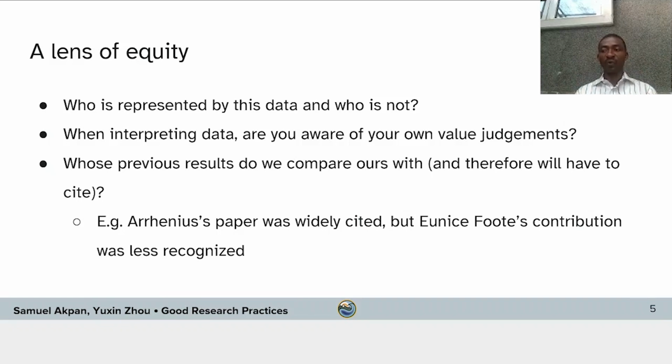Citations are therefore an important part of advancing a scientific career. So thinking about who we might be overlooking is important to advancing equity and making sure that all good results are recognized, right? And these are just a few things that can help you in interpreting your result.